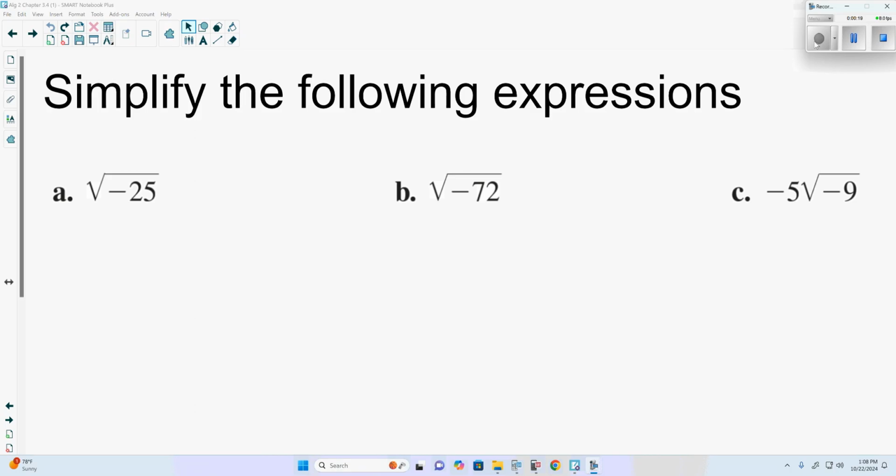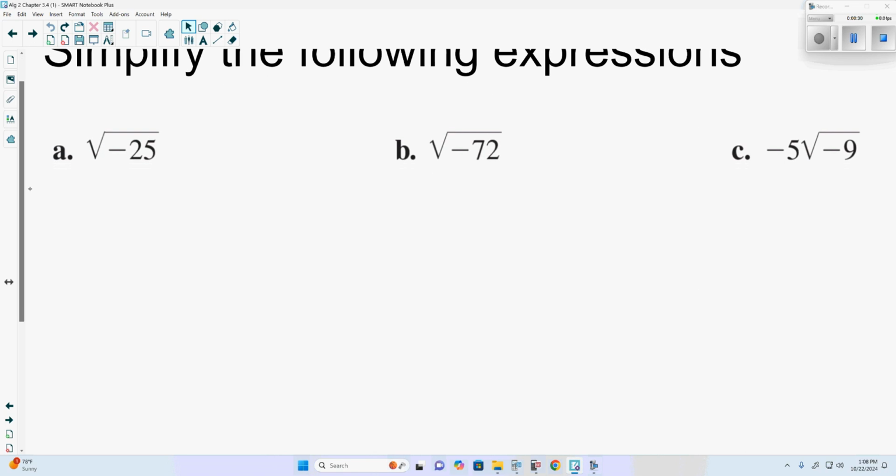All right, guys. So what we started yesterday was 341. So we went over some of this already. Went over simplifying the expression. And we worked through these here, and we ended up finding that i is, by definition, the square root of -1. It's our imaginary number.